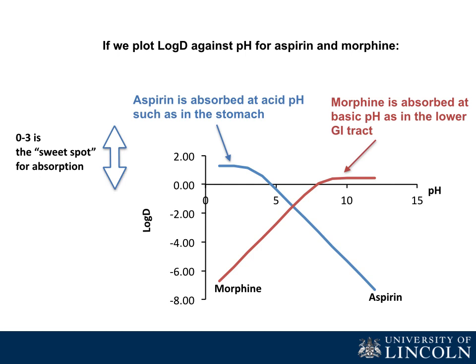But nevertheless, morphine is only poorly absorbed, and it's in the lower part of the GI tract. So this explains why the partition coefficient is important for understanding drug absorption. It tells you where that drug is likely to be absorbed and under what circumstances.